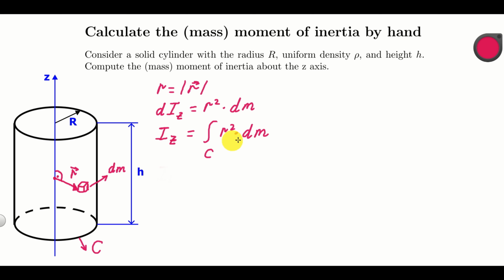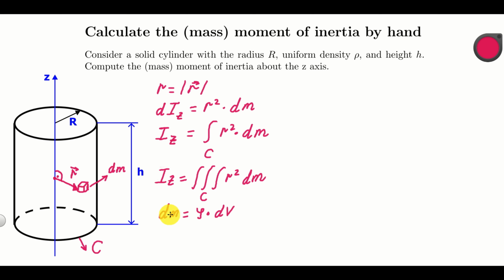This defining equation can also be written like this. Iz is equal to, instead of this single integral over the volume, we can write a triple integral over the volume c, and then we will similarly have r squared dm. Next, instead of dm, we can write density multiplying dV, where dV is the volume of this infinitesimal piece.